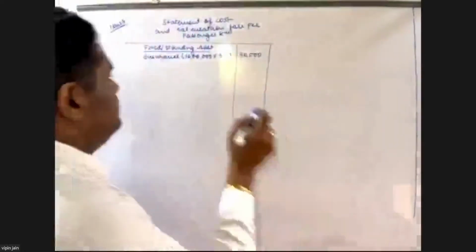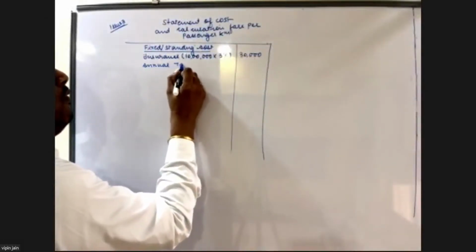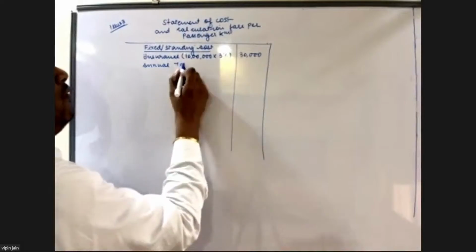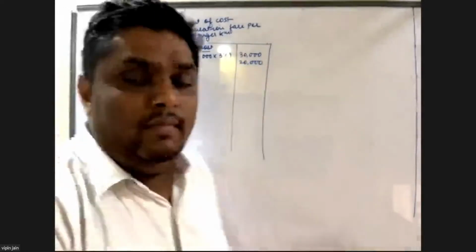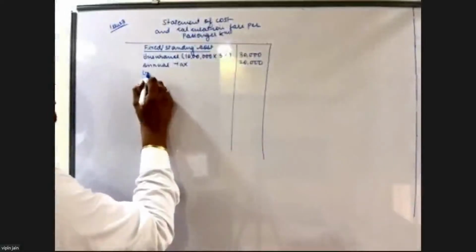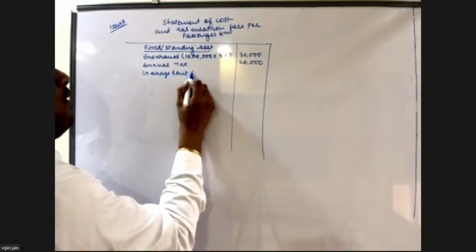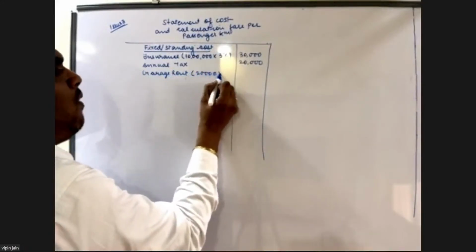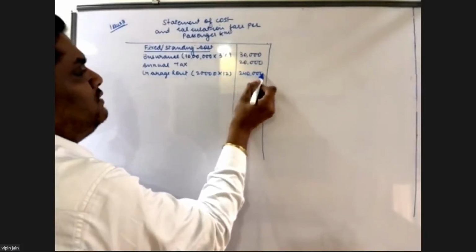Further, the annual tax amounts to rupees 20,000. Garage rent is 20,000 per month, so this is 2,40,000.